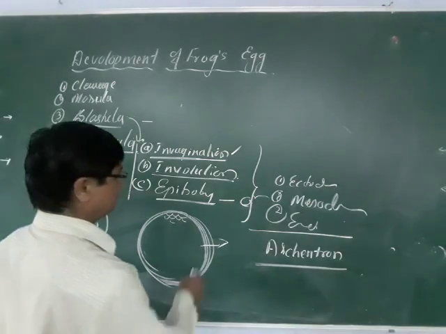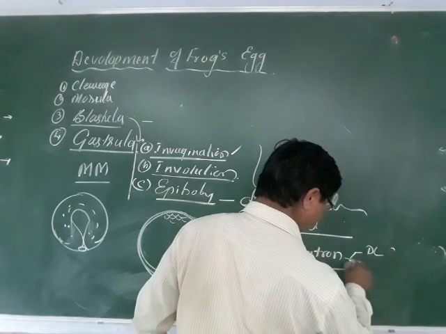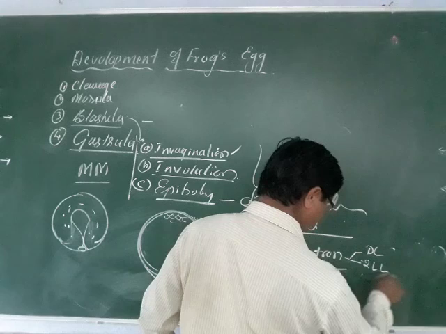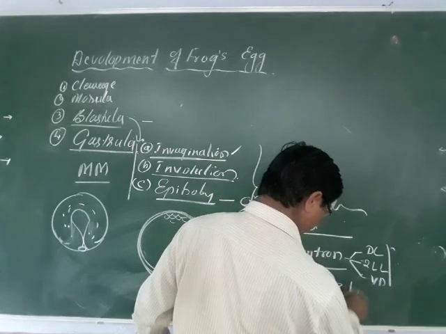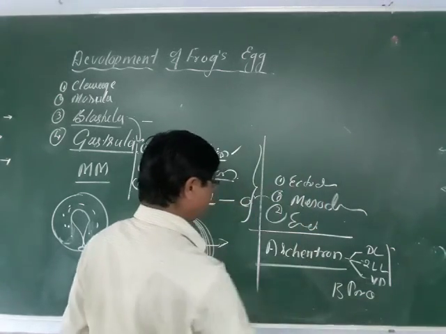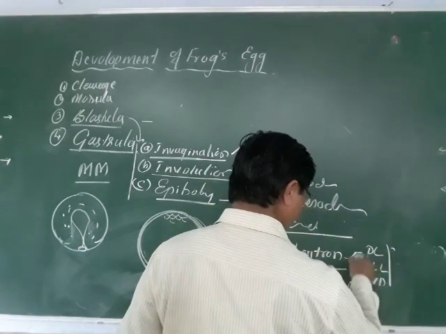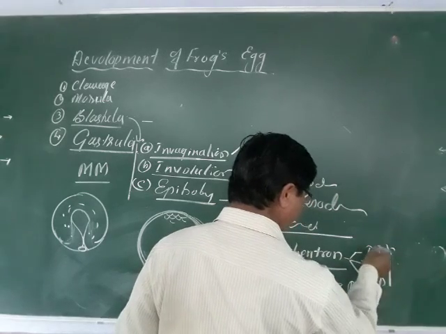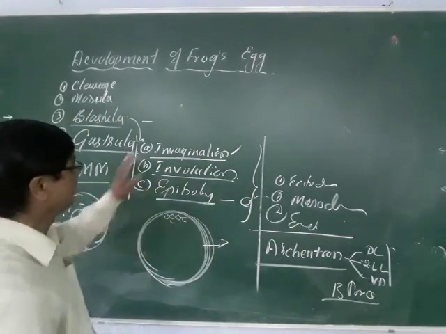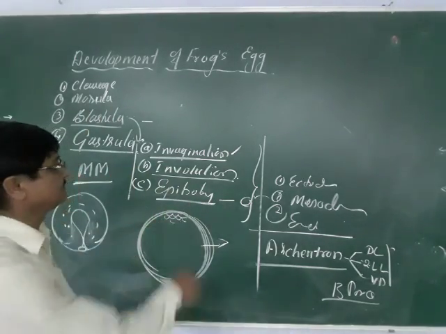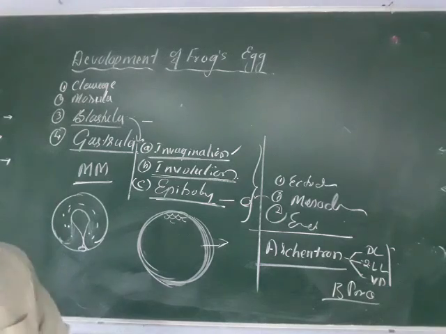This archenteron is covered by the dorsal lip, in the middle the two lateral lips, and lower is the ventral lip, and that opening is the blastopore. So these are the characteristic features of the gastrula: ectoderm, mesoderm, endoderm, archenteron, and the opening, the blastopore, covered with the dorsal lip, ventral lip, and lateral lips, all developed by means of morphogenetic movements. And what are the morphogenetic movements? Invagination, involution, and epibole. Ultimately that results in the gastrula.